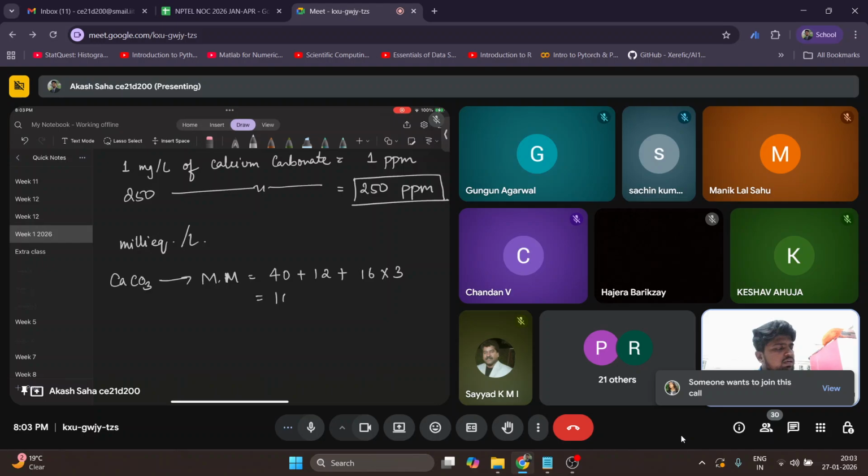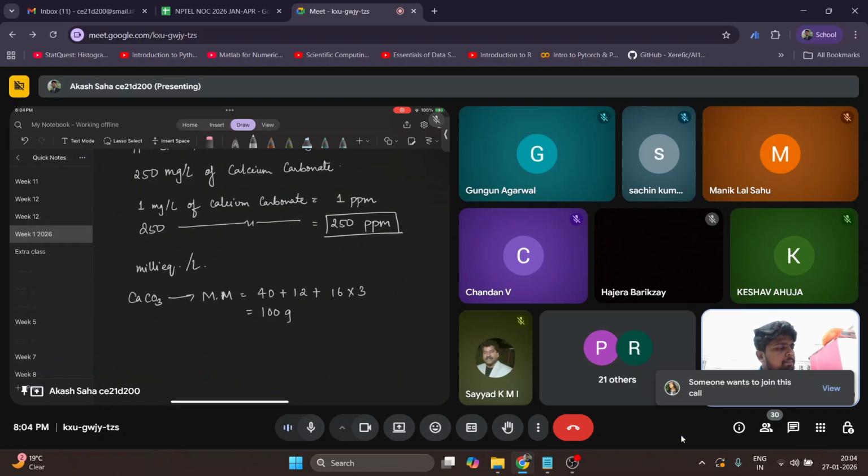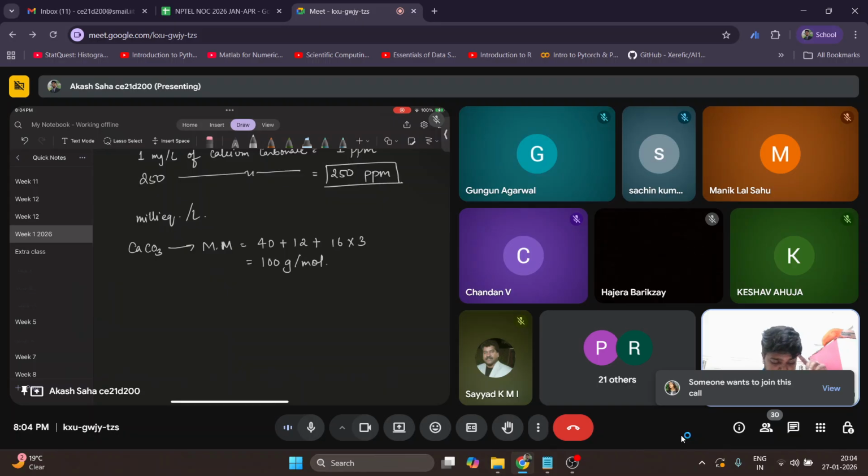So it is 100, that is 100 gram per mole. So 1 mole of calcium carbonate contains 100 gram, roughly. Then what will be the equivalent weight? First we will find the molar mass, then we will find out the equivalent weight.